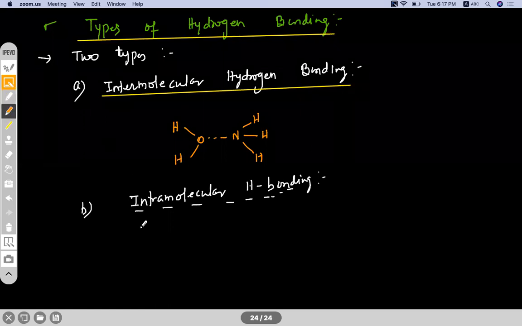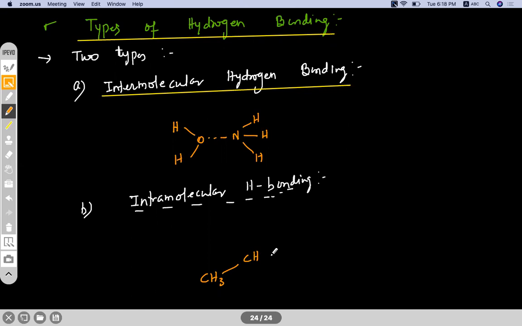Look at this example. We have CH3, CH double bond C, H, C double bond O, OH, and this is the bond within the molecule.